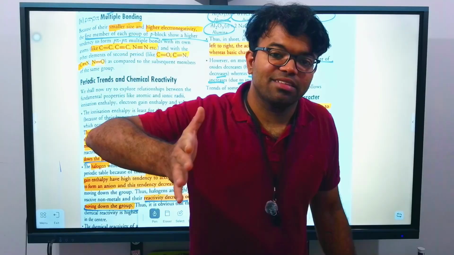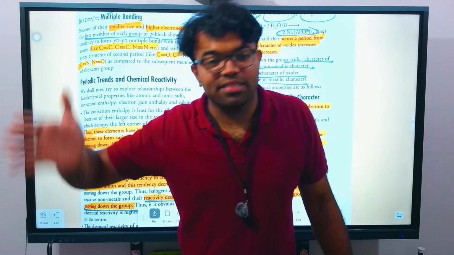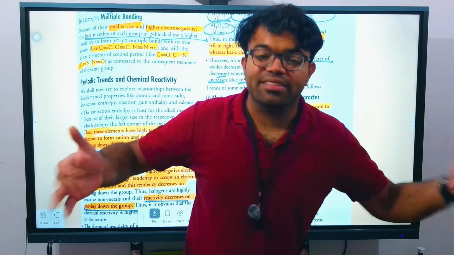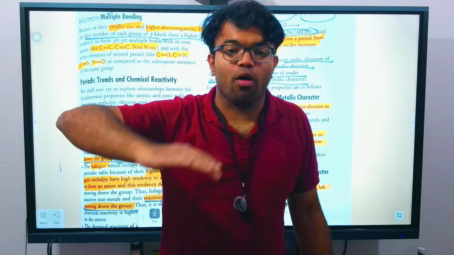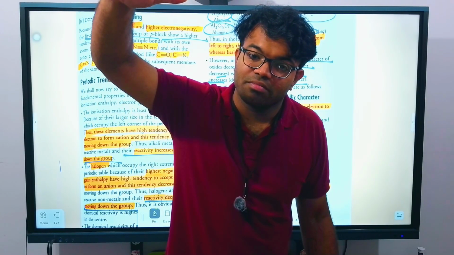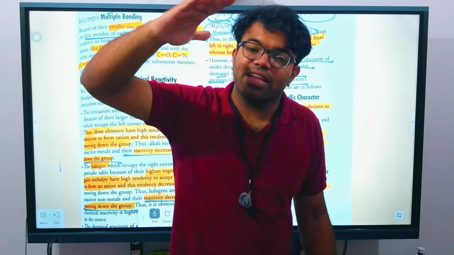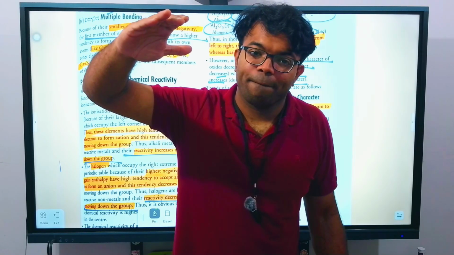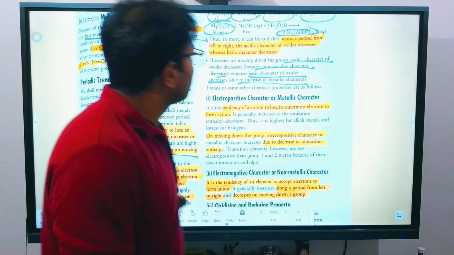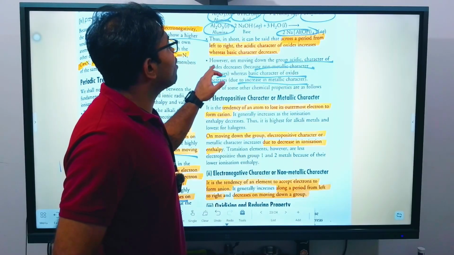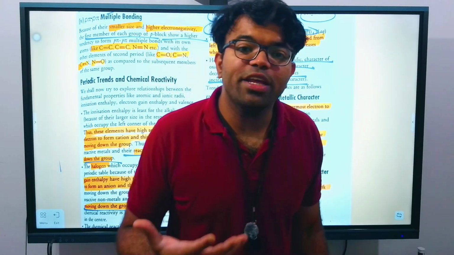Metallic character increases the basic property. The non-metallic character increase gives you the acidic property. So as we go from top to bottom, does the acidic character increase or decrease? On moving down the group, the acidic character of the oxides decreases. Who is providing you the acidic character?